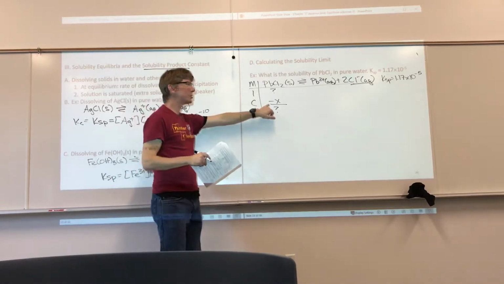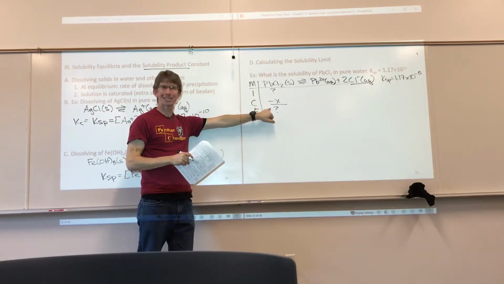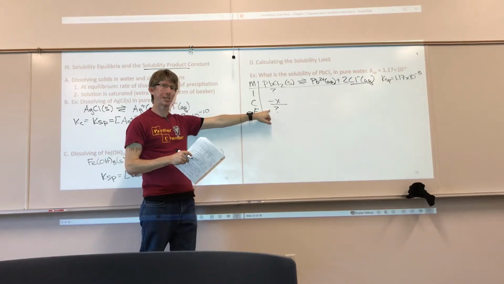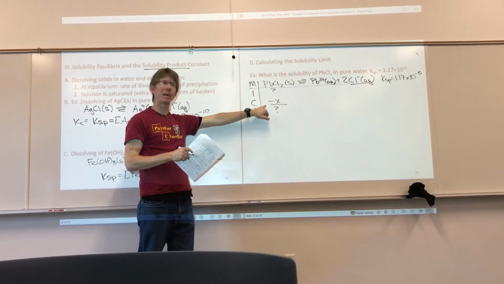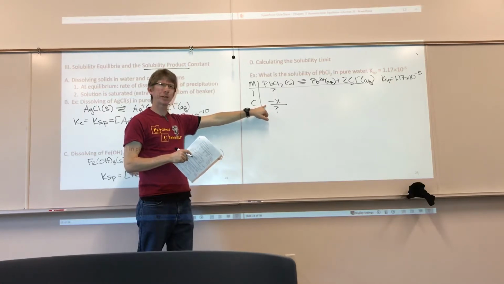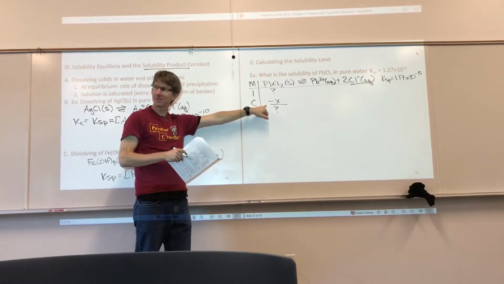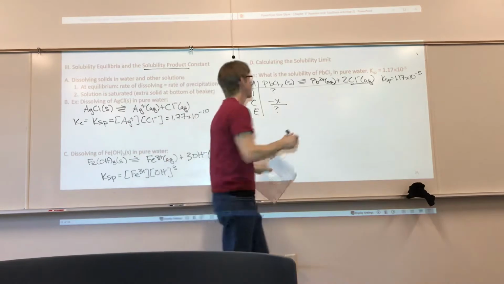But what will be important is this minus x, because that minus x is the solubility. It talks about how much of it does react away. We've seen minus x's under solids before when we talked about ammonium chloride and how much dissolved.